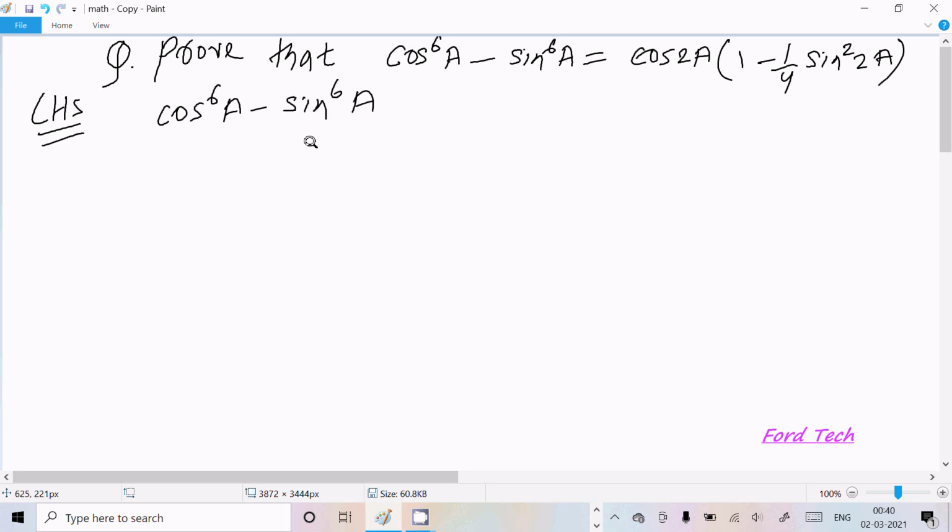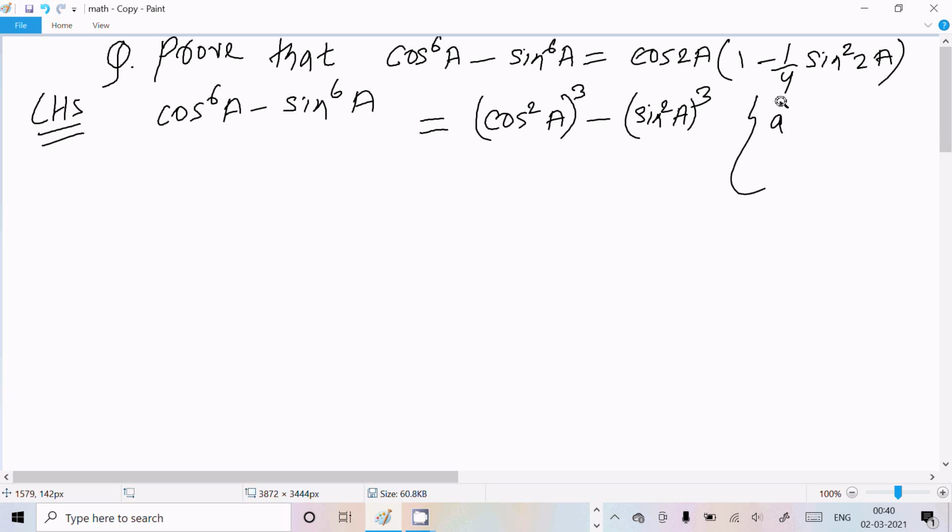So I'm going to do some modifications. We can write this as (cos^2 a)^3 minus (sin^2 a)^3. Now we already know the formula a^3 minus b^3, which is (a minus b)(a^2 plus b^2 plus ab).